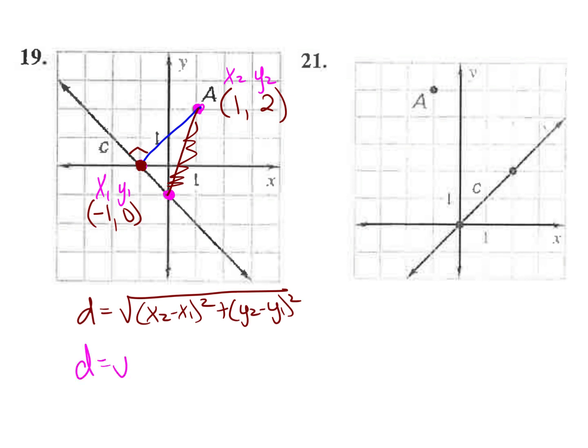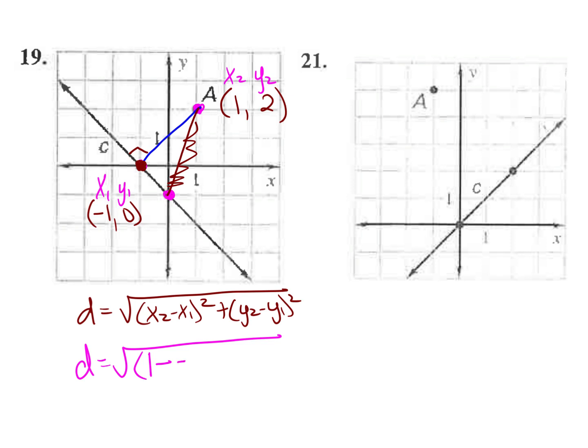All right, we're going to plug it in. Angel, what's my x2? 1 minus, and the x1 is what? So x2 is 1, but what's the x1? Look at which one I got labeled x1. Negative 1.